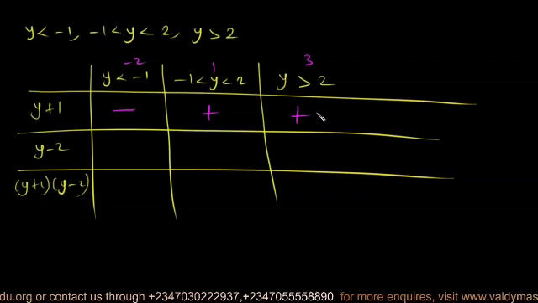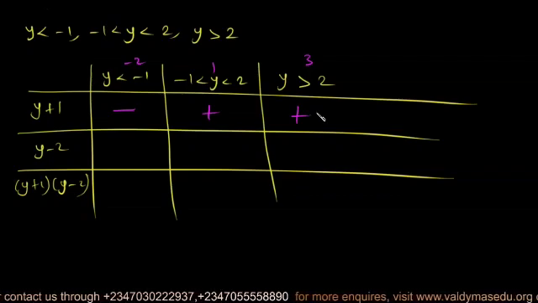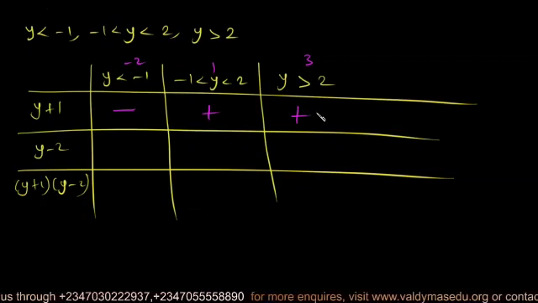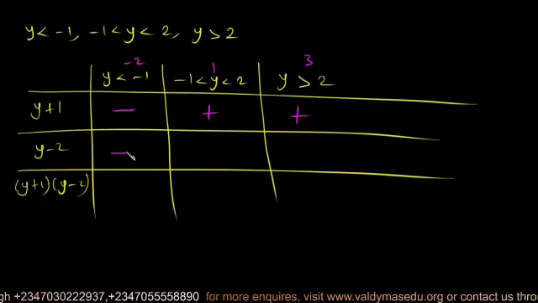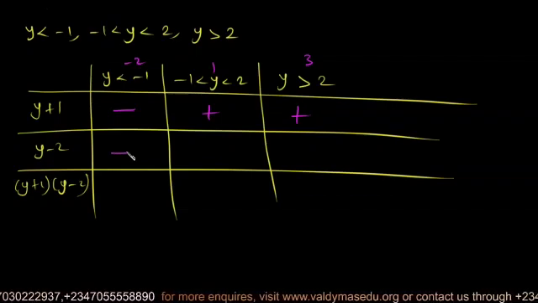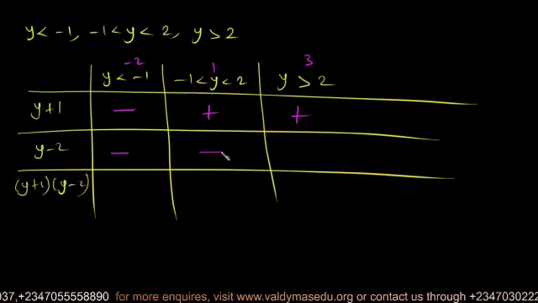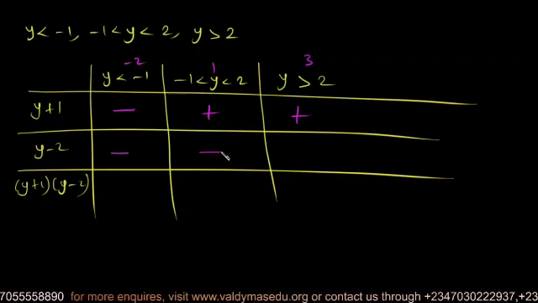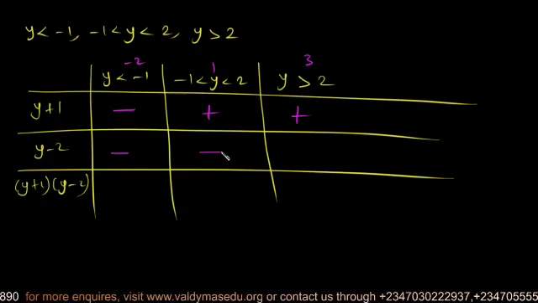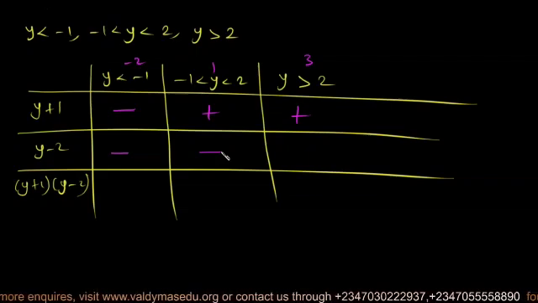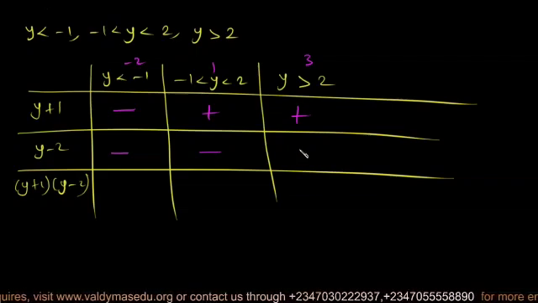Then y minus 2. When y is minus 2, we have a negative answer. Y minus 2 when y equals 1, we have a negative answer. Then y minus 2 when y equals 3, we have a positive answer.